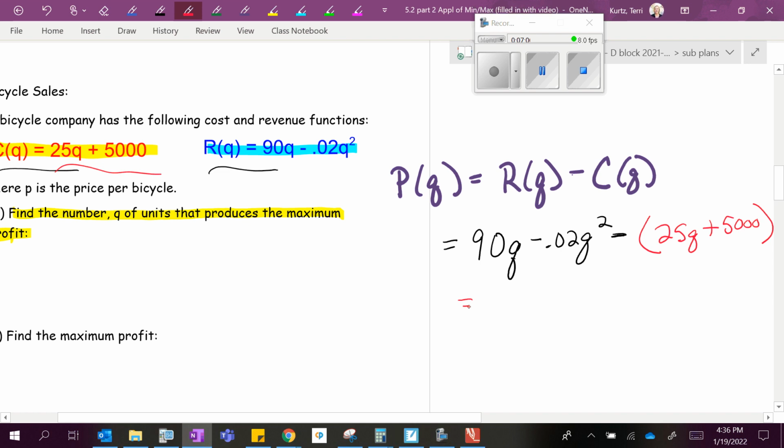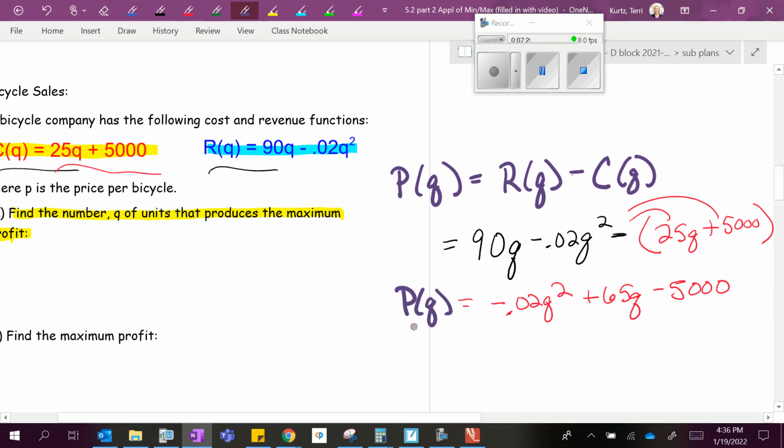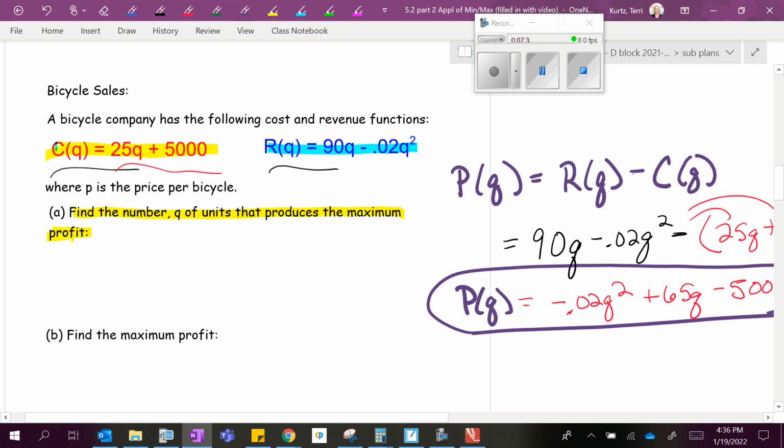If I simplify this, collect like terms, I end up with negative 0.02Q squared, and then 90Q minus 25Q is going to give me positive 65Q, and then minus 5,000. So that is my simple profit equation. Okay, so I've used my cost and my revenue to get a profit equation.